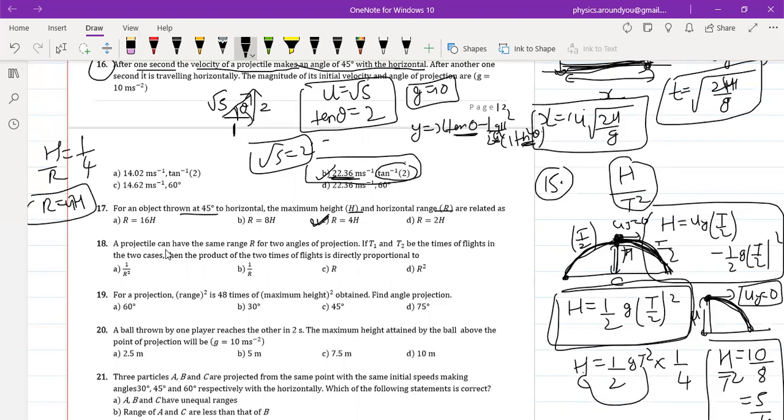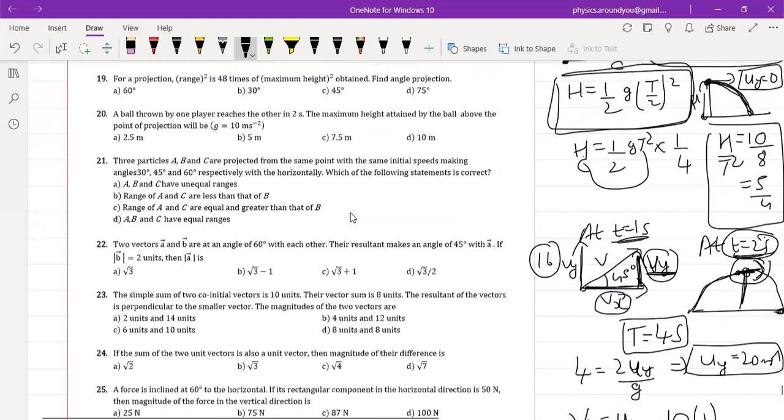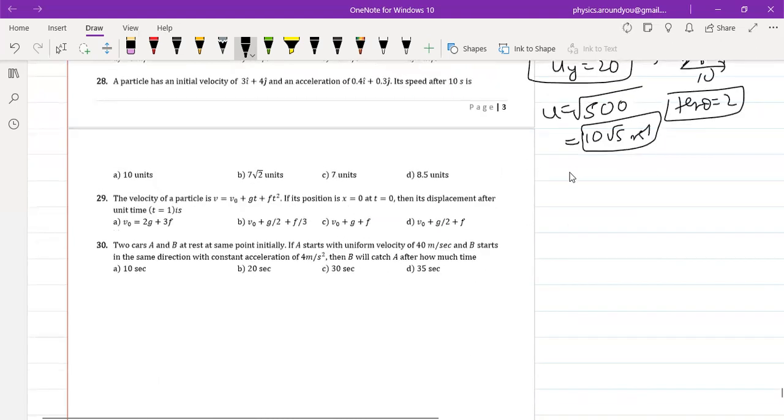Now, 18th one. 18th one says a projectile can have the same range R for two angles of projection. If T1 and T2 be the times of flight in the two cases, then the product of the two times of flight is directly proportional to... a very old question. It had been a GEPYQ as well. So, a projectile can achieve the same range in two cases.